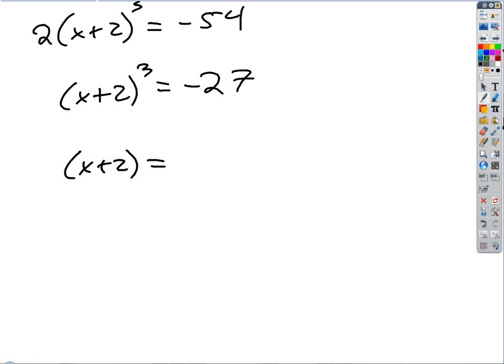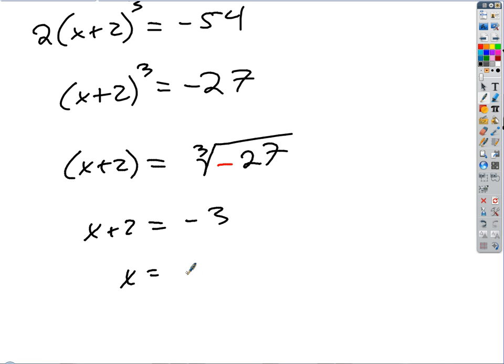So I get the cube root of, uh-oh, is this a problem? Negative 27? Not a problem, you're right, because it's an odd root. I can take an odd root of a negative. Okay, good. So x plus 2 equals negative 3, so subtract 2, and x equals negative 5. And we only get one answer, right, because it's an odd root. Okay, make sense? We got it.